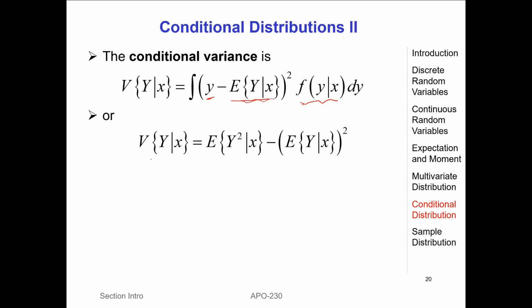You can prove, similar to what we have proven for the unconditional variance, that you arrive at this result. So nothing really new here. And this term, conditional variance, we will see in a more specific way when we come to the part on heteroscedasticity.